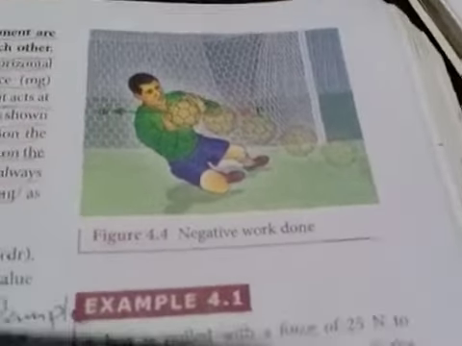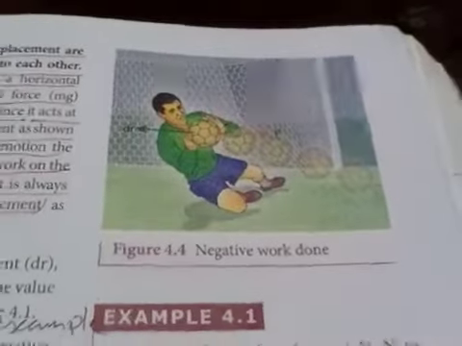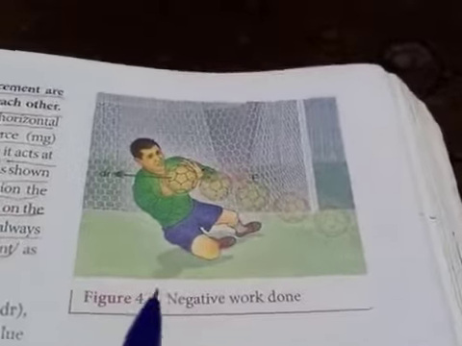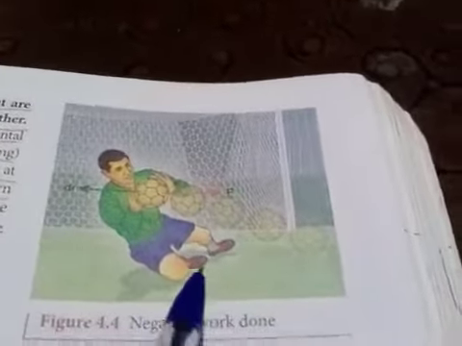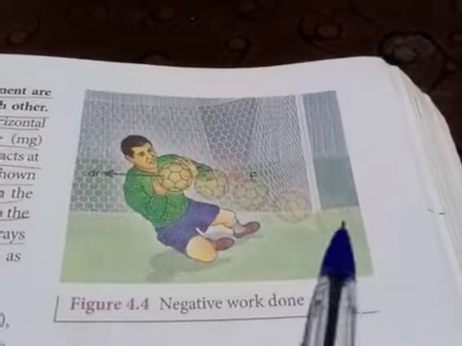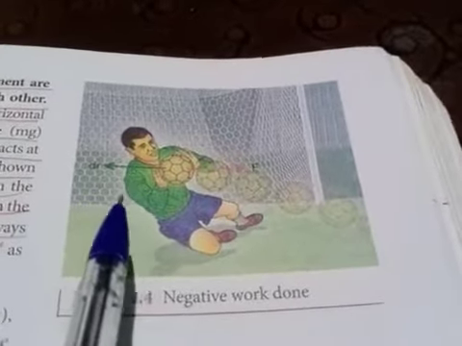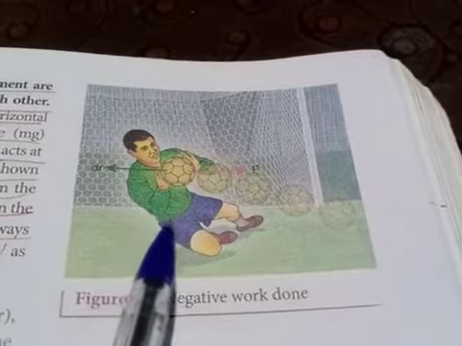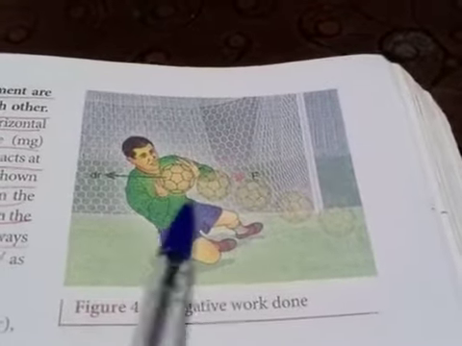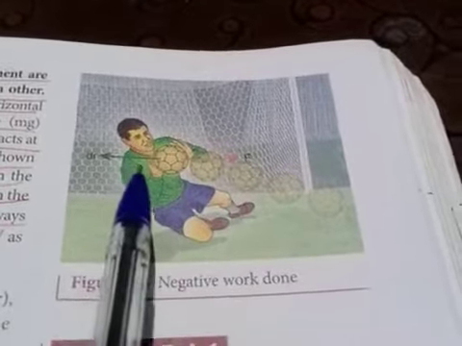And the last thing is about negative work. Now we have seen all about the work done, and the last thing we are going to see is negative work done. This is what happens during a football game, when a goalkeeper catches the ball.